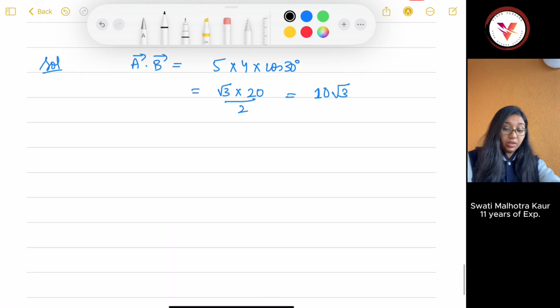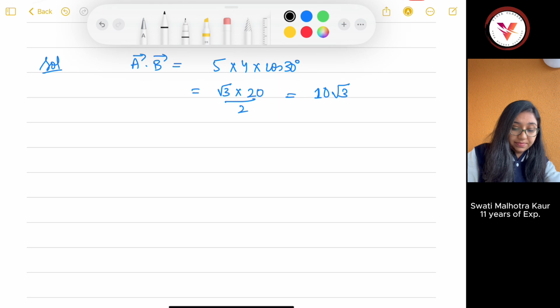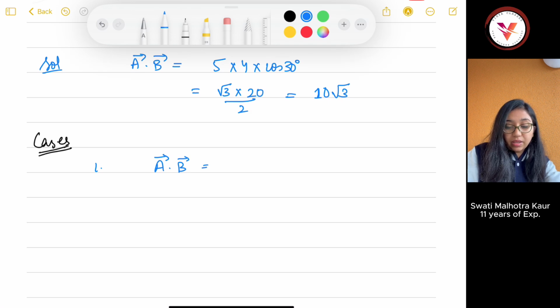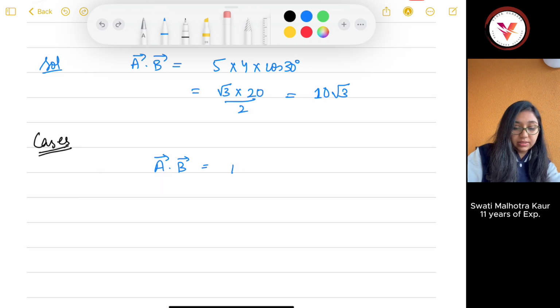Now, there are some cases. Let's understand those cases. First, A vector dot B vector is equal to AB cos theta. Take it as a general term.